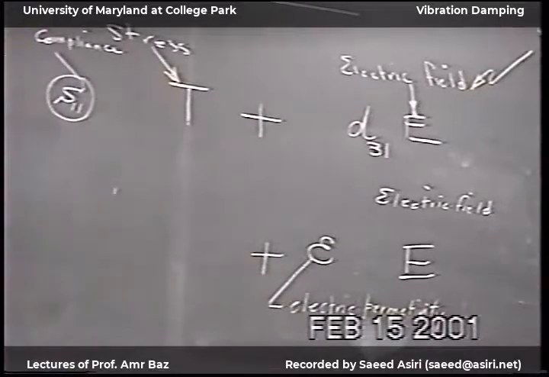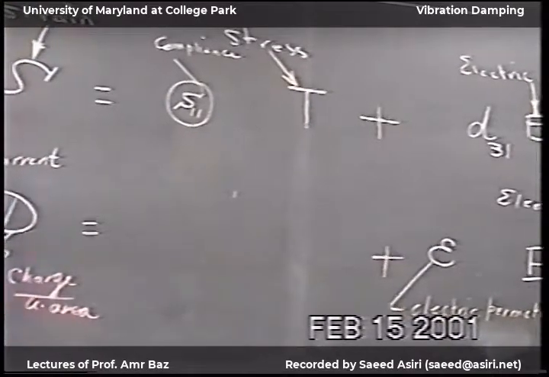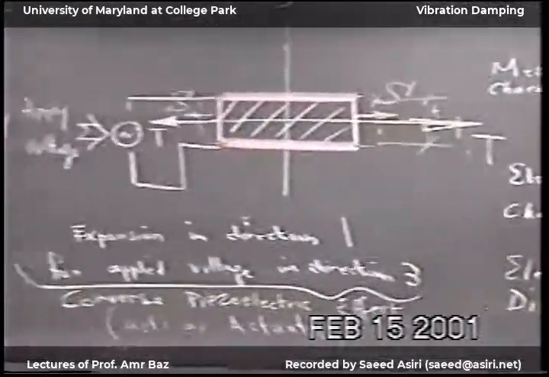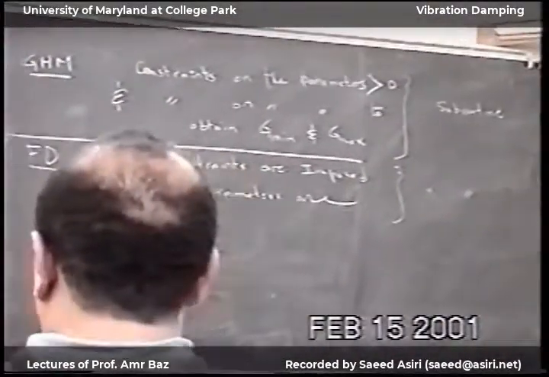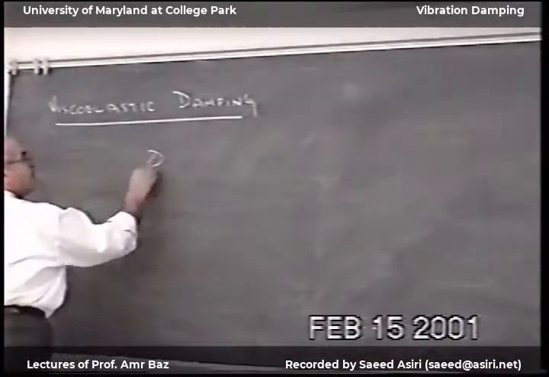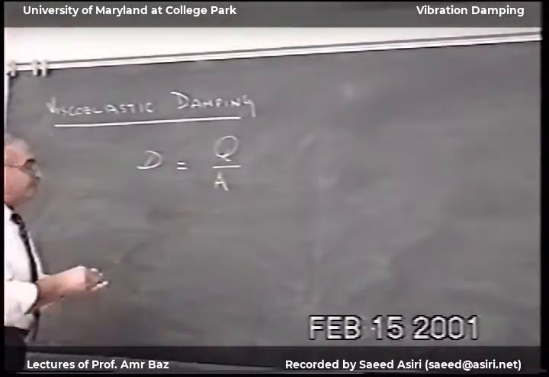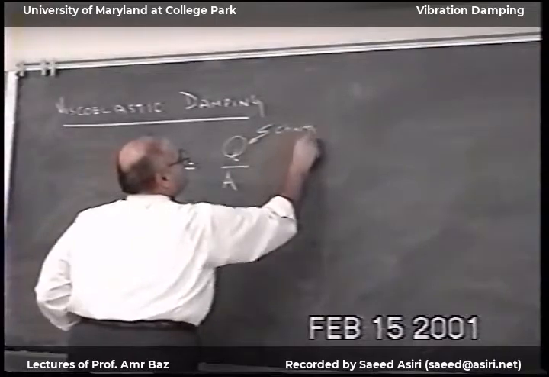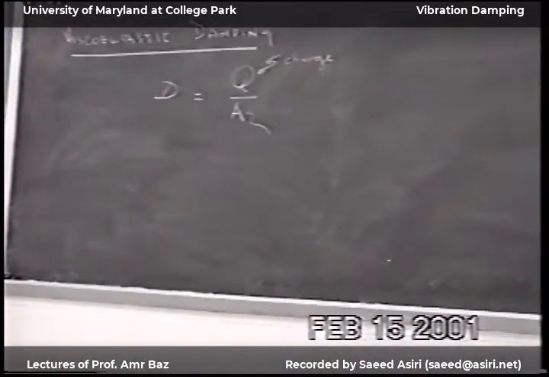Now if I just leave it as it is, then we have the electric displacement, which is the charge per unit area, the electric charge, and then the surface area of the piezoelectric material, which is this surface area.